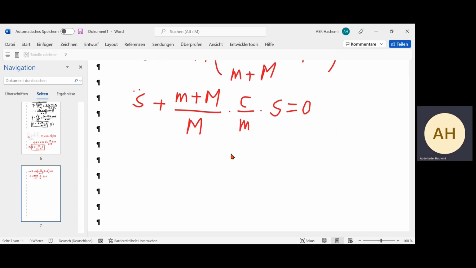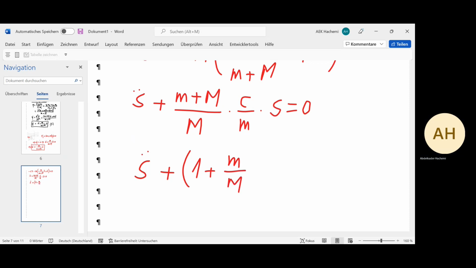Then we have here s double dot plus 1 plus m divided by M, multiplied by c divided by small letter m, multiplied by s equal to 0.